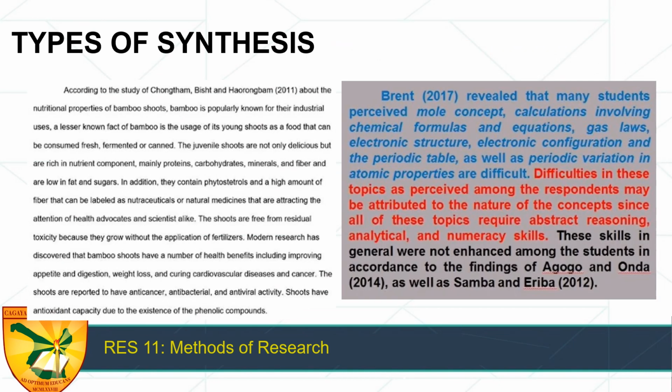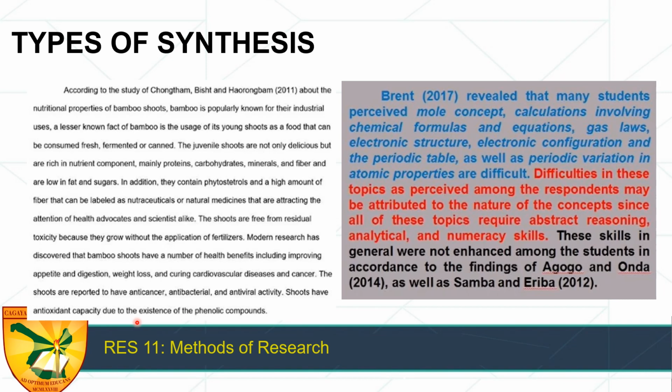There are two types of synthesis: explanatory and argument synthesis. In these two examples, the first one is an example of an explanatory synthesis, where it just explains to you what the topic is, usually used when you are doing experimental studies. You just tell them what the variables are, what the plant sample is, what the method is.